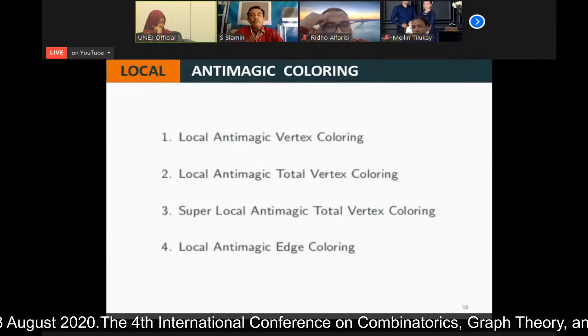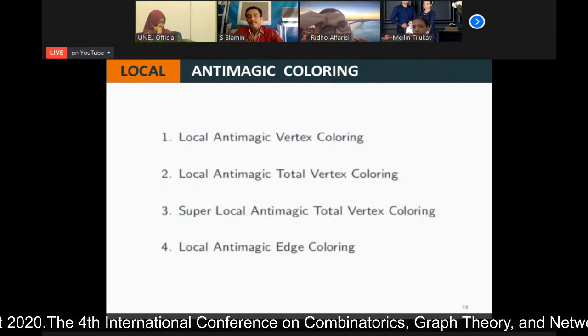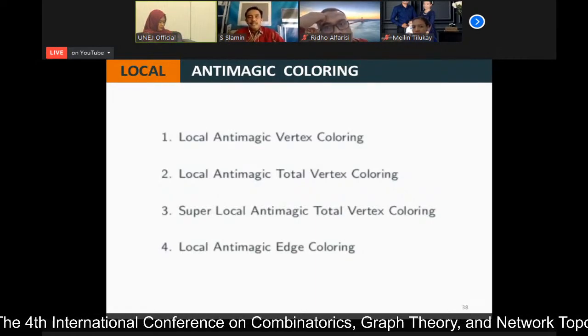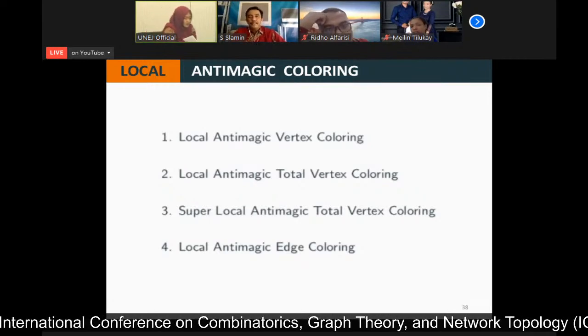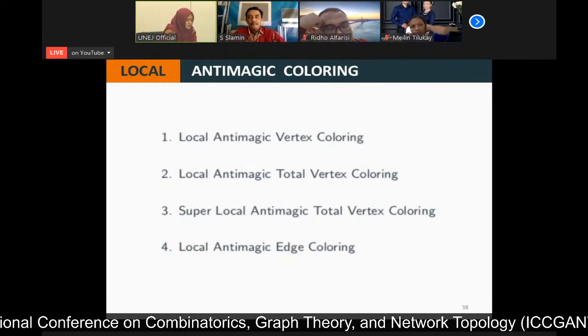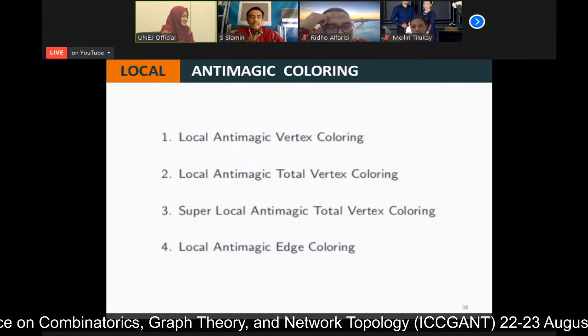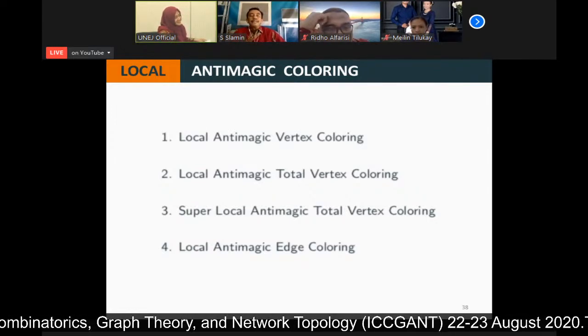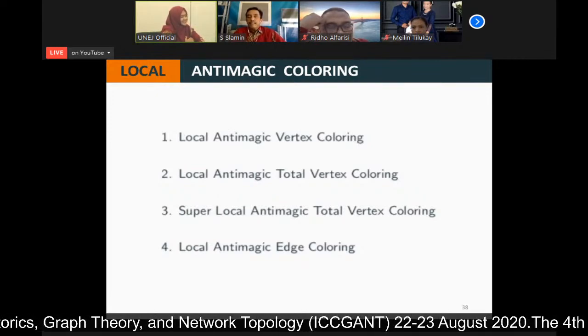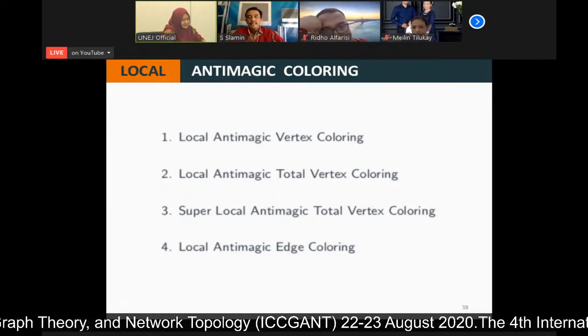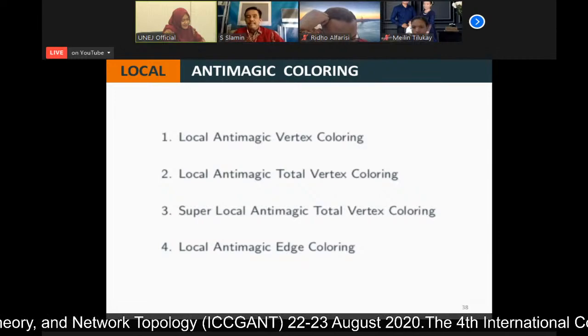You call it local anti-magic coloring. There are also some variations of local anti-magic coloring. Actually, graph theorists are very creative. So if we have one problem, then many problems will come. The first one is local anti-magic vertex coloring. The second one is local anti-magic total vertex coloring.